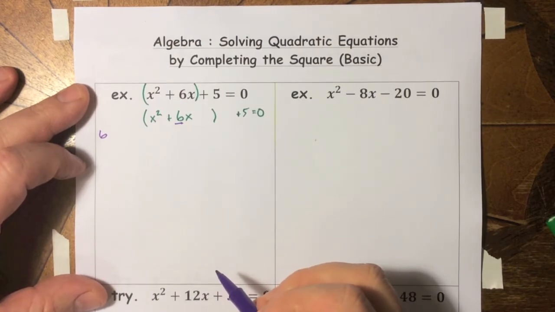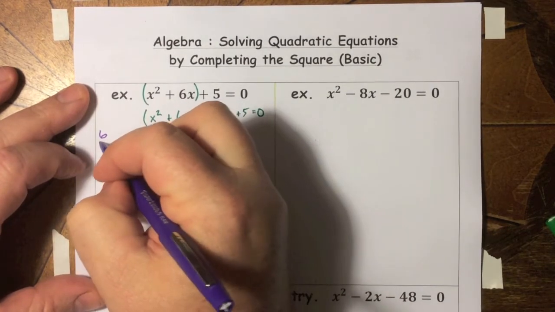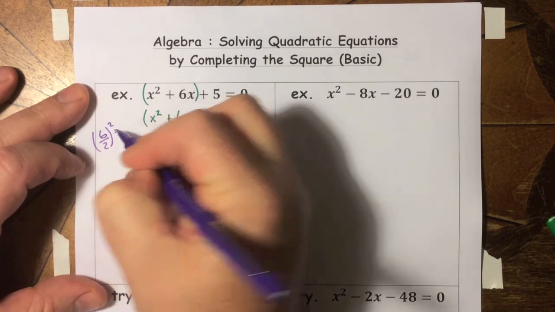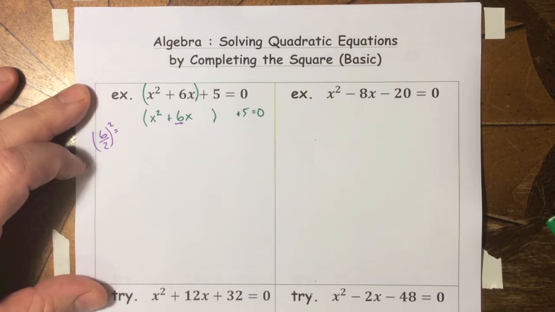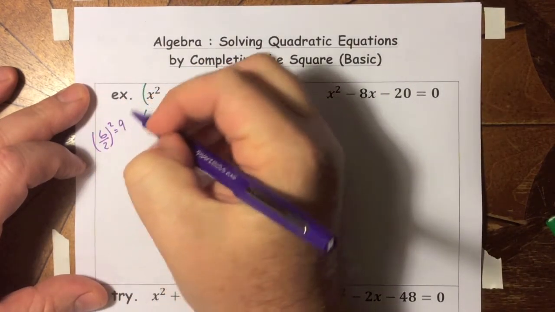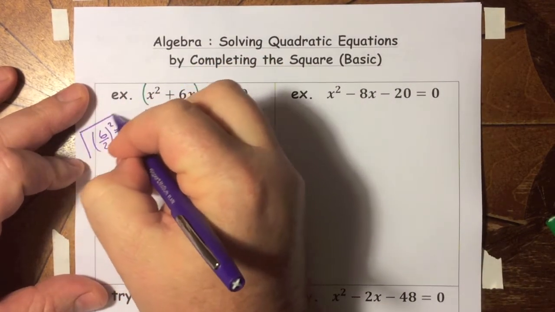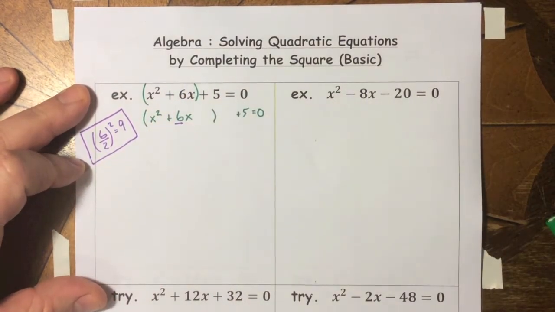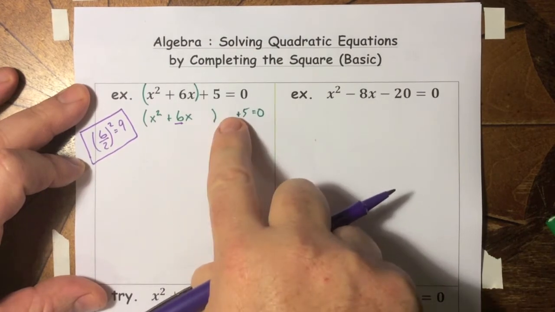I take that middle term, 6, and I divide it by 2, and then I square it. In order of operations, I'm going to do my inside my parentheses first. 6 divided by 2 is 3. 3 squared gives me 9. That is my magic box. I'm going to go ahead and put a box around that because that is the number that I'm going to be placing here and here.